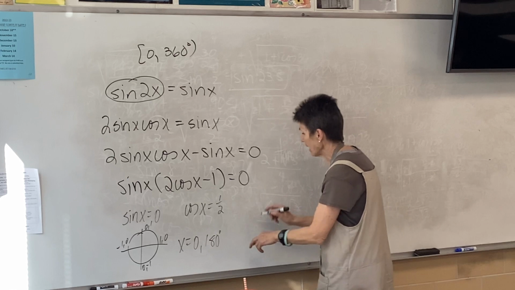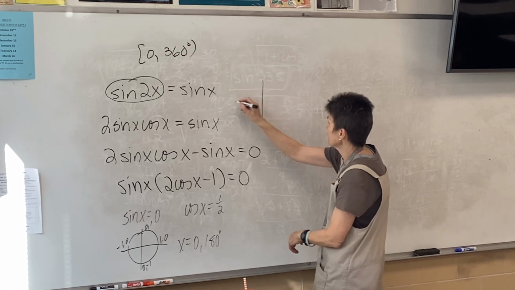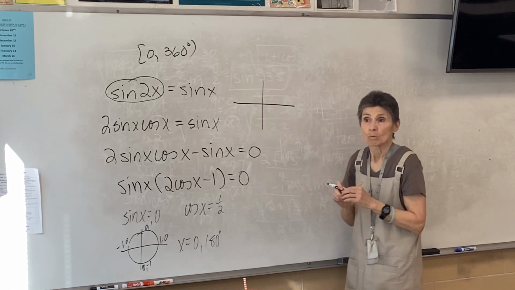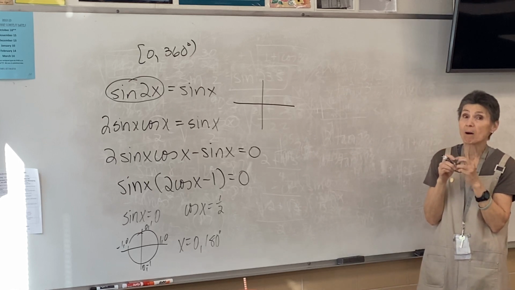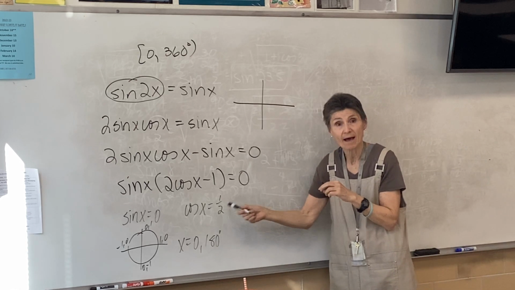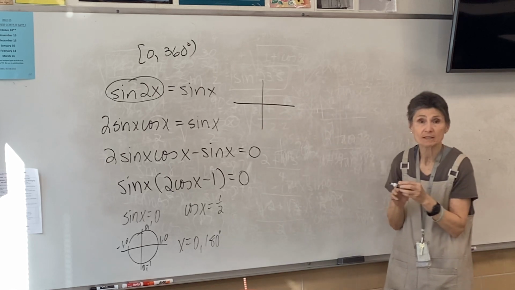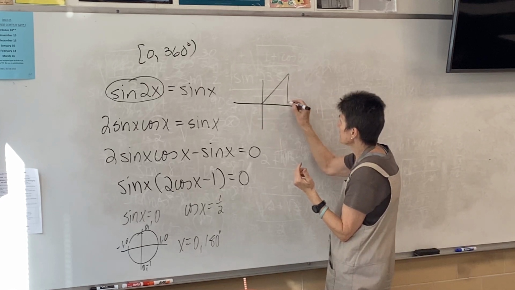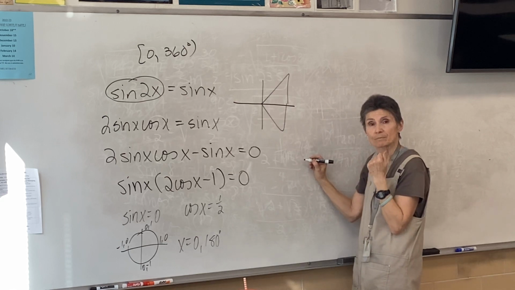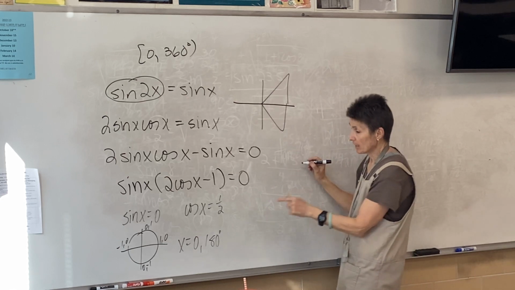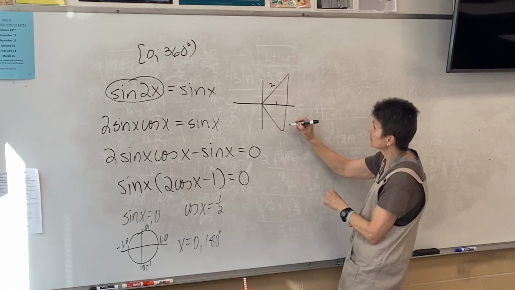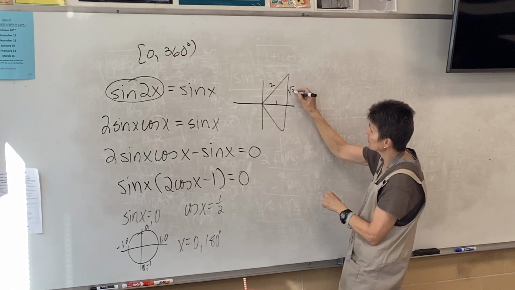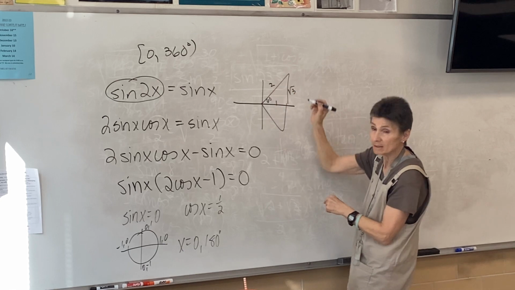Okay? Now, where is the cosine 1/2? Well, cosine is x. X is positive. This is a positive 1/2. X is positive in quadrant 1 and quadrant 4. The cosine is 1/2, which makes this a √3, which makes this a 60.